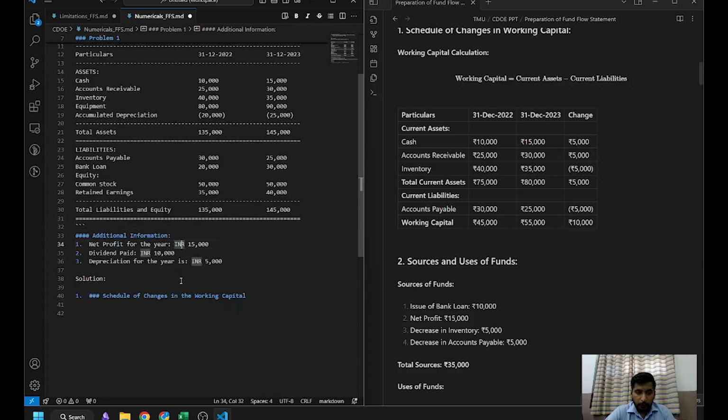So for that, we need to write down the formula for the working capital first. So what is the working capital? The working capital is the total current assets minus the total current liabilities.